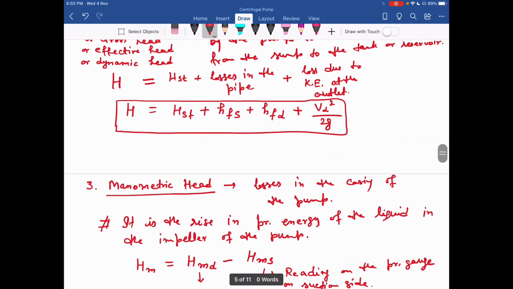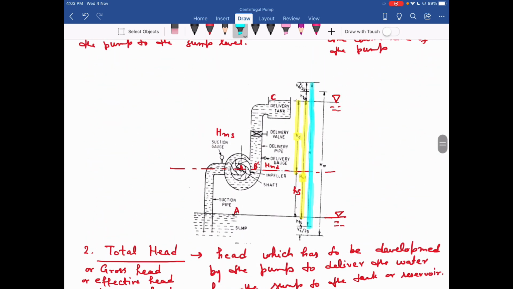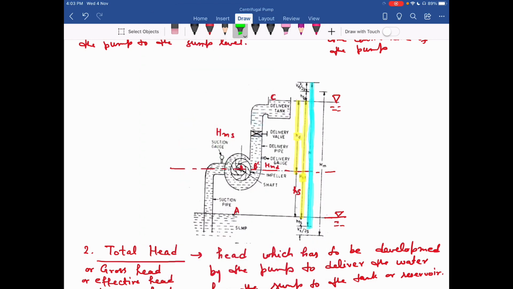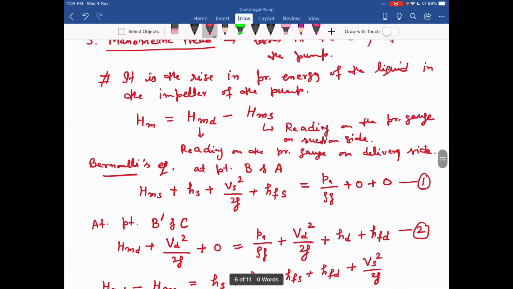When you see the diagram again, my manometric head is the static head, then HFD, then HFS, then Vs square divided by 2g. This is my total manometric head HM.